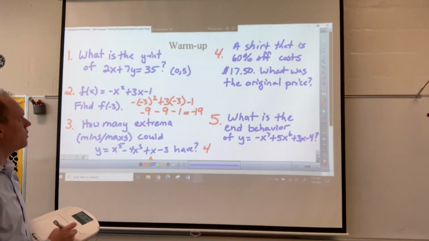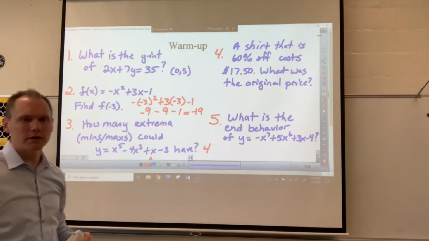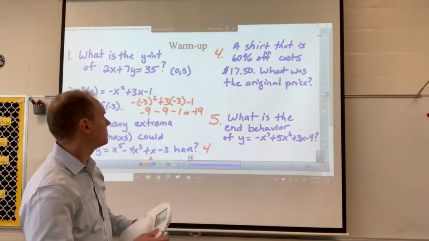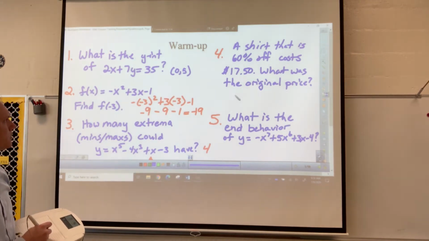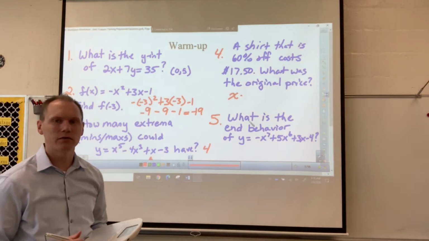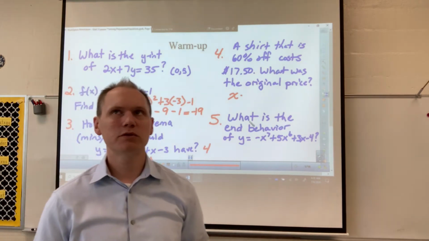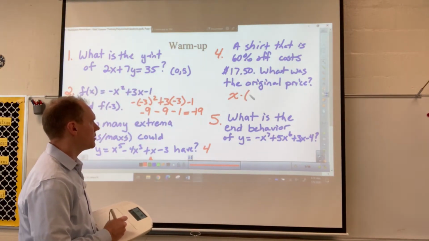All right, number 4. A shirt that is 60% off costs $17.50. What was the original price? Really what we're going to do here, I'll just set it up for you, is take some value, I'm going to call it x, times 60% off. To do 60% off, that would actually be 40% of the value.